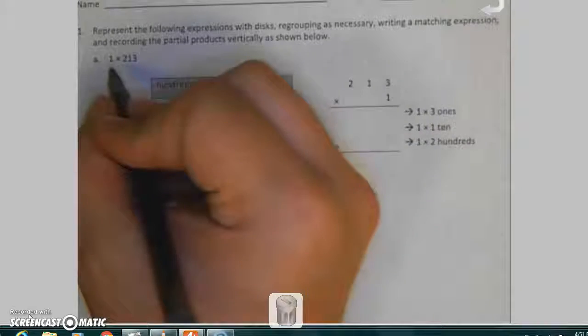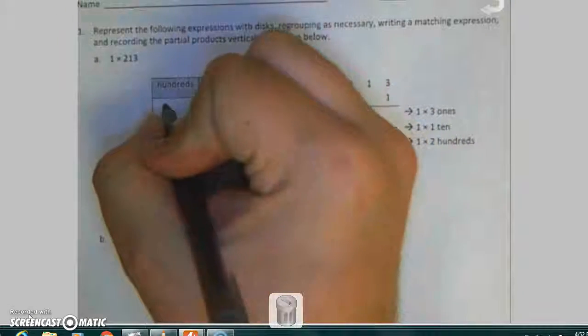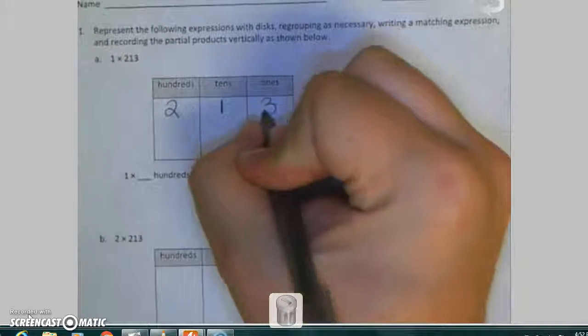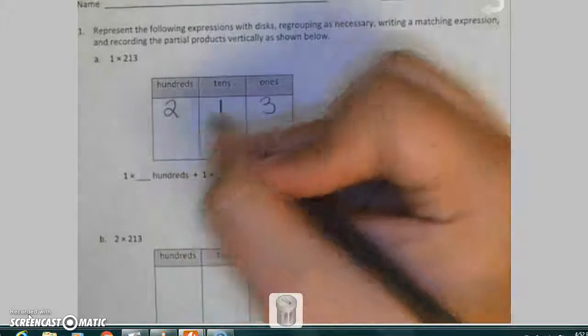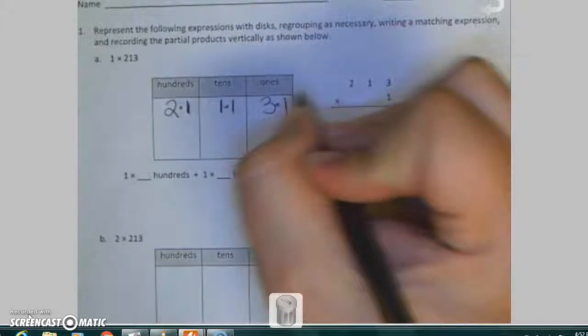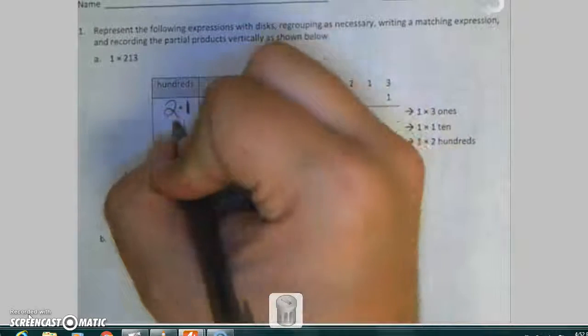So I'm going to represent 213 in my place value box. So I have 2 hundreds, 1 ten, and 3 ones. I'm going to multiply each number by 1. So if I have 2 hundreds times 1, I'm still going to have 2 hundreds.